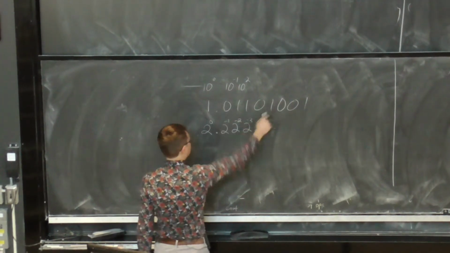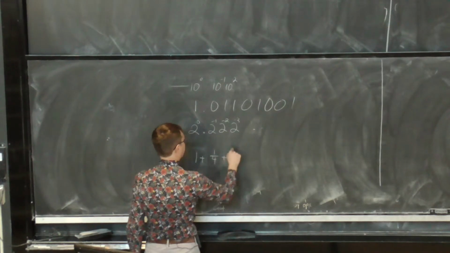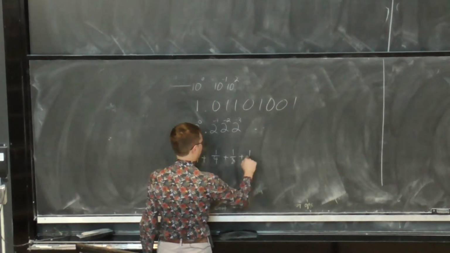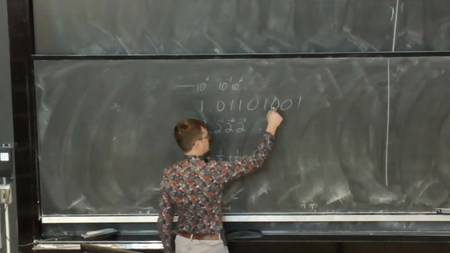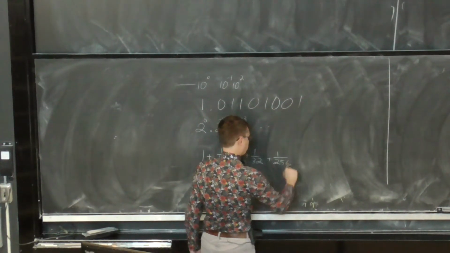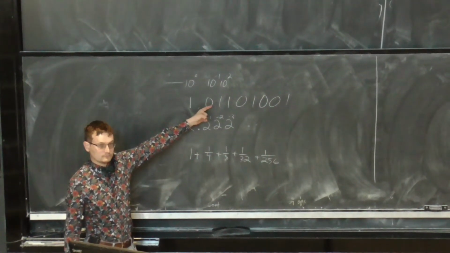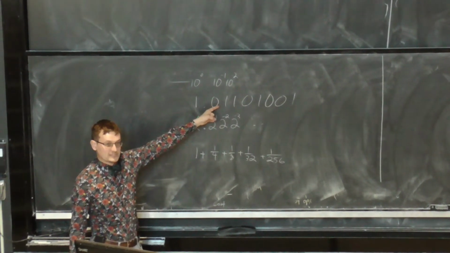So this number is 1 plus 1/4 plus 1/8 plus 1/32, 1/64, 1/128, plus 1/256. That's what that number is, right? Make sense? You with me so far?